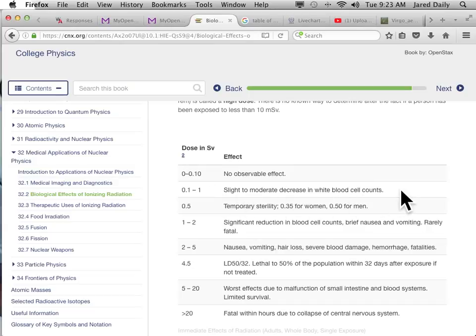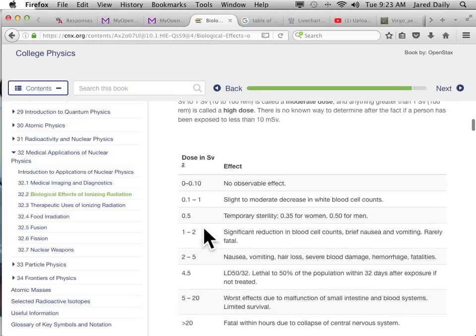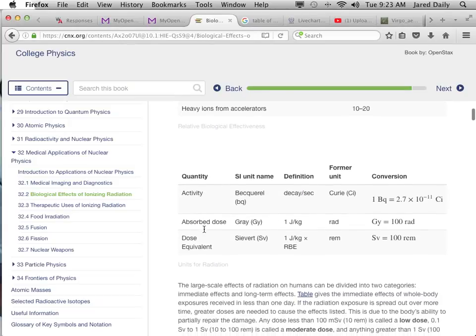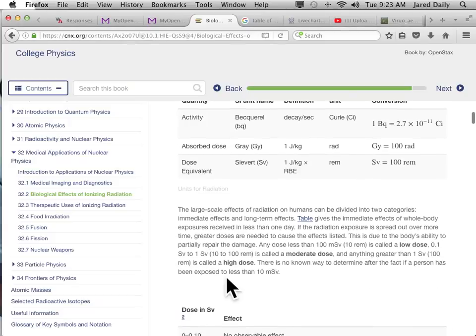That's one way that they can tell if you've been exposed to radiation. You can actually get temporary sterility. And then once you get to above 1, remember that 1 sievert, high dose right here, 1 sievert is high dose.